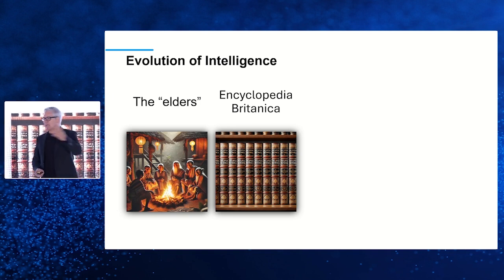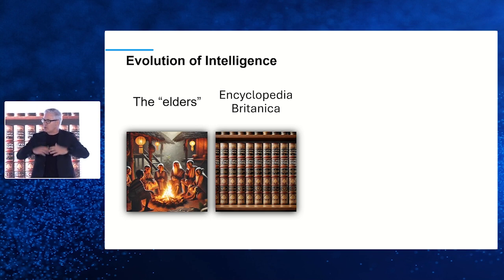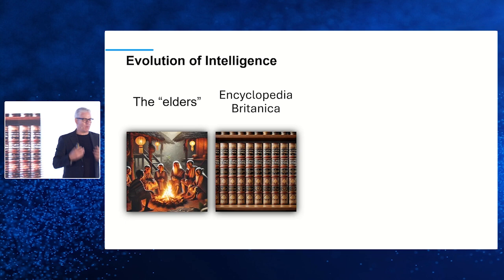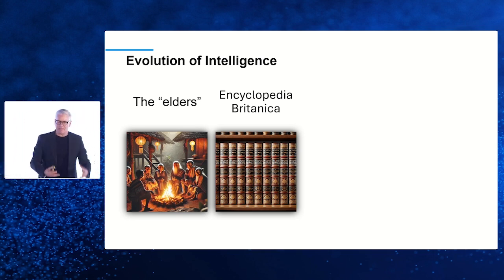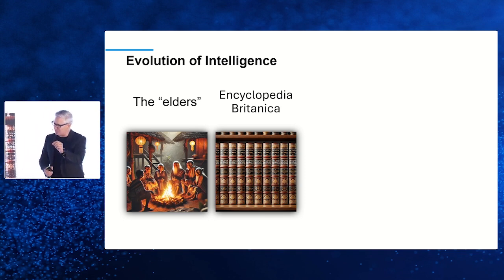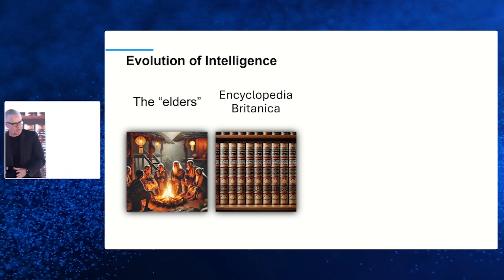The phase we moved into was to say, well, hang on, why do we make a few people accountable and responsible for taking the world's intellect and deciding on our behalf what's useful? So you had to go to the Encyclopedia Britannica, to the science section, and there was the head of science at the Encyclopedia Britannica, and they decided as an individual what was allowed and not allowed within that volume.